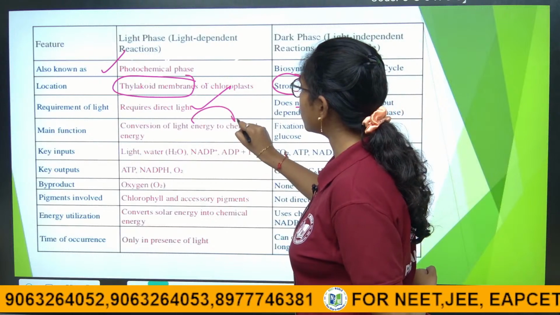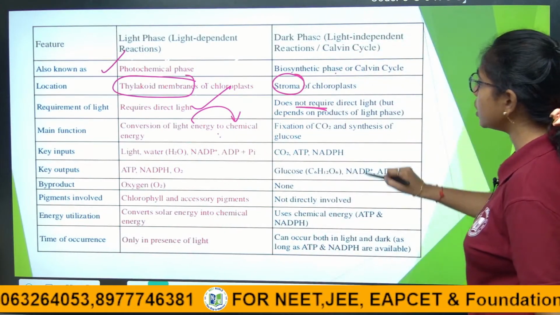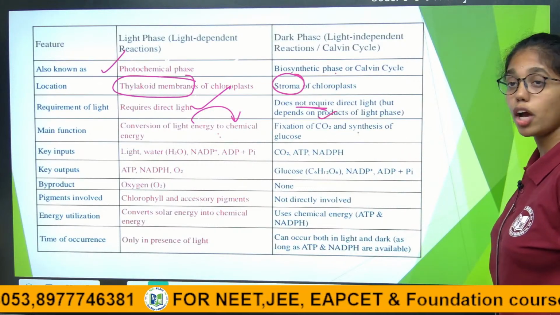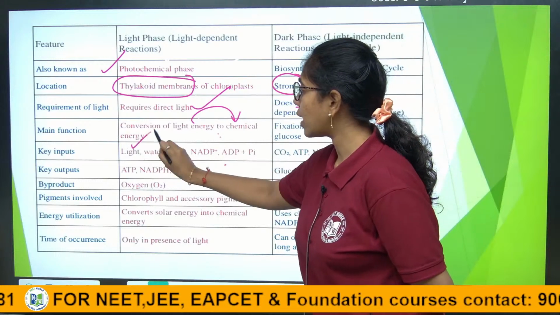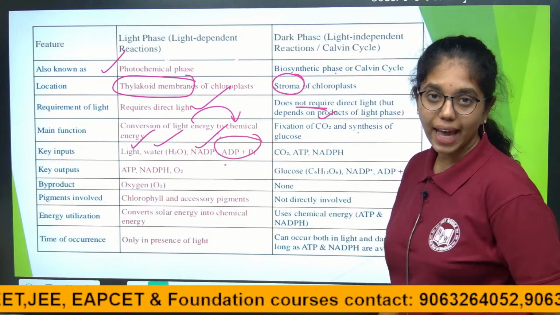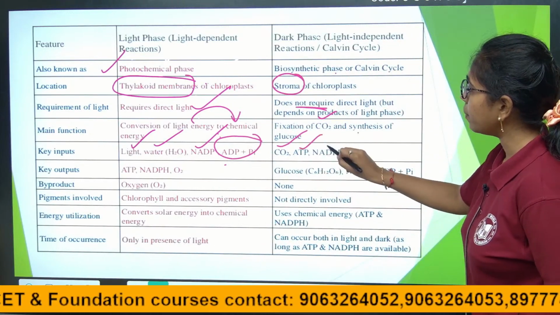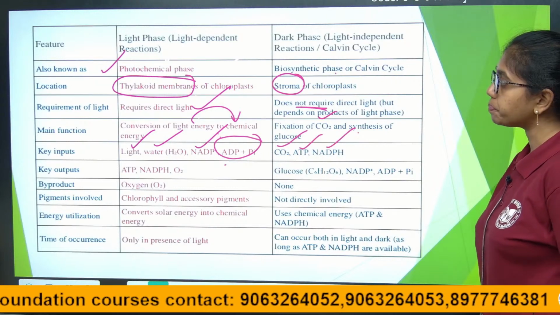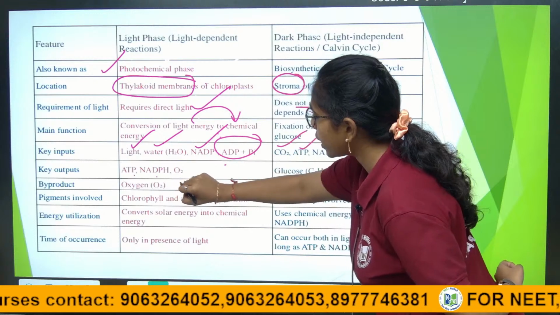Conversion of light energy to chemical energy is why it is called a physicochemical process. Here fixation of carbon dioxide takes place in the dark reaction. Key inputs for the light reaction are light, water, NADP plus, ADP and inorganic phosphate, for the formation of ATP and NADPH. Here the outputs are ATP, NADPH and oxygen.